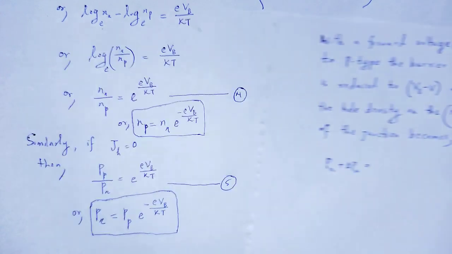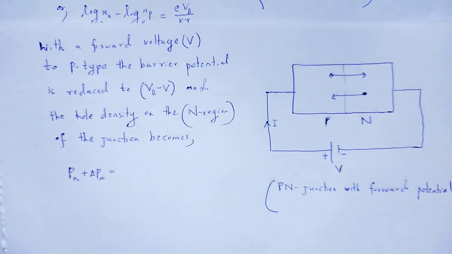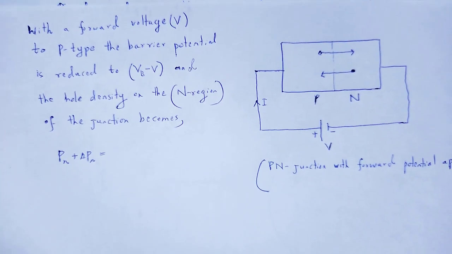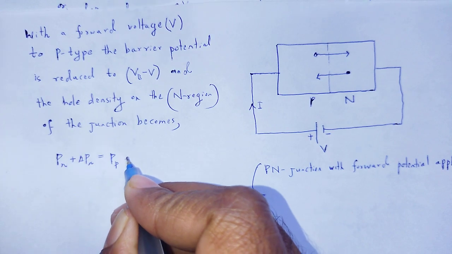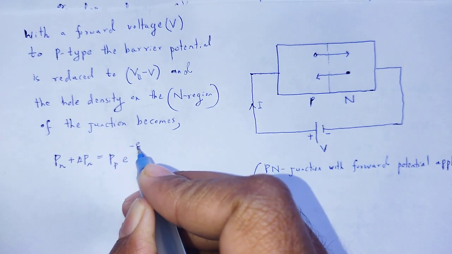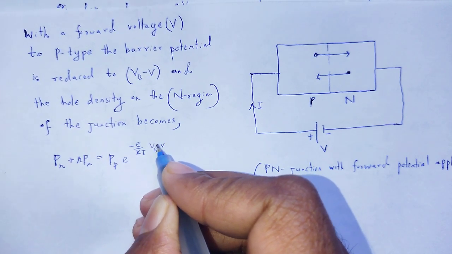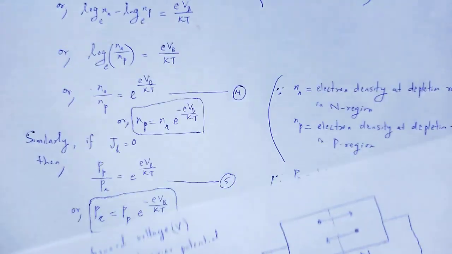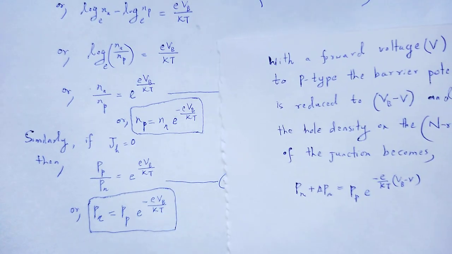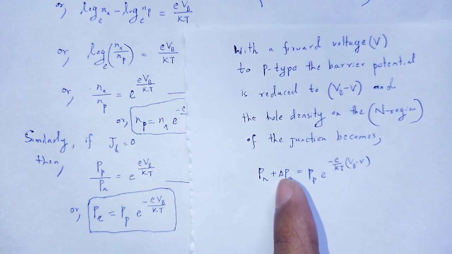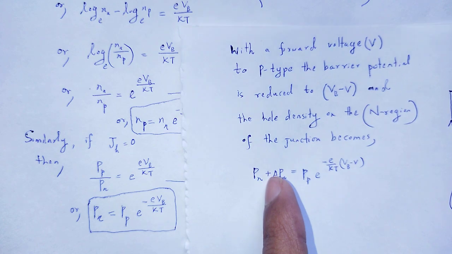In this way, that expression changes to pp e to the power minus e by kT, with the potential changed to Vb minus V, the change in the hole density in the p region.